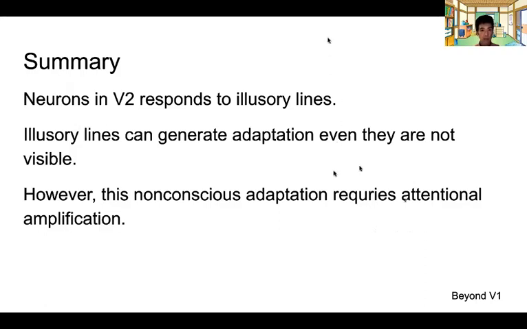In this case, attention is just availability to give some kind of further processing. But just withdrawing that attentional resource makes this non-conscious adaptation impossible. So non-conscious processing does require attentional amplification in this case.